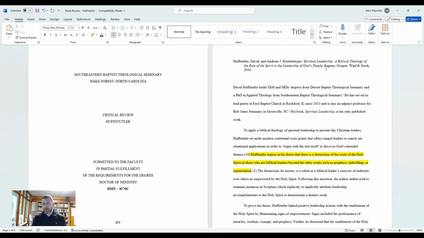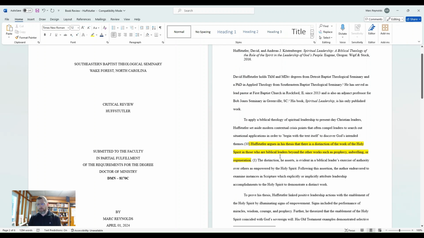But essentially, Huffstutler argues in his thesis that there is a distinction in the work of the Holy Spirit in biblical leaders beyond other works such as prophecy, indwelling, or regeneration. What he's arguing is that you can identify a distinction in the work of the Holy Spirit within a leader versus just any person who has the Holy Spirit as a Christian. So he's trying to prove that.